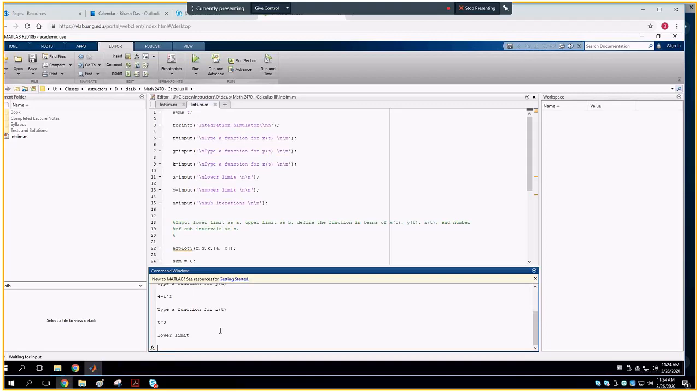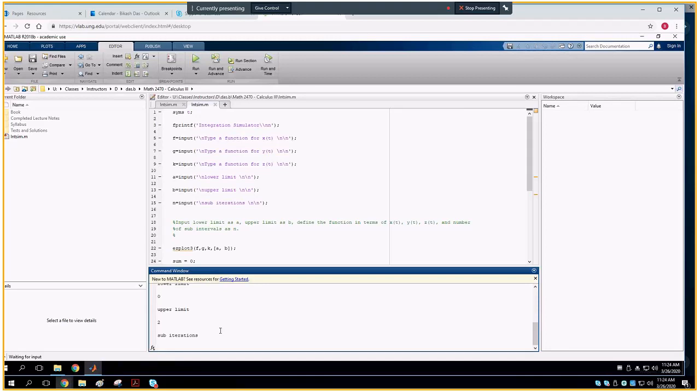Then it is asking for the lower limit. In my problem, the lower limit is 0, so I put 0, enter. Upper limit is 2 for me. I put that in, enter. Then it is asking for sub-iterations. Since I am only using the lower limit and the upper limit as the 2 points, I have exactly 1 iteration.